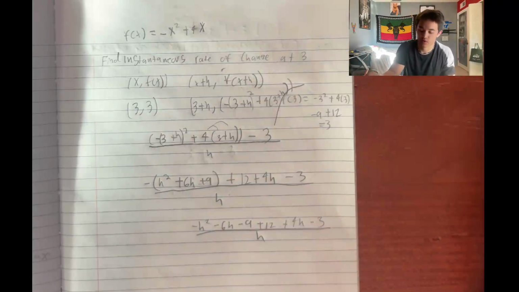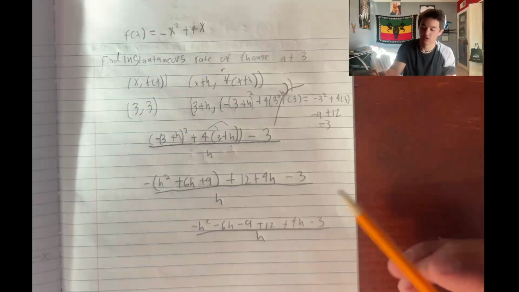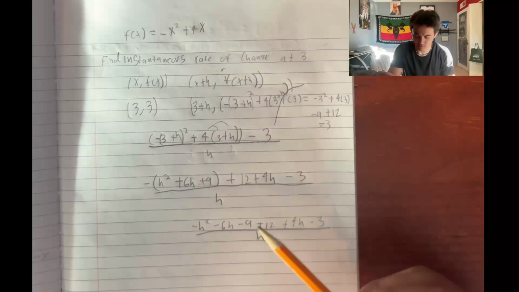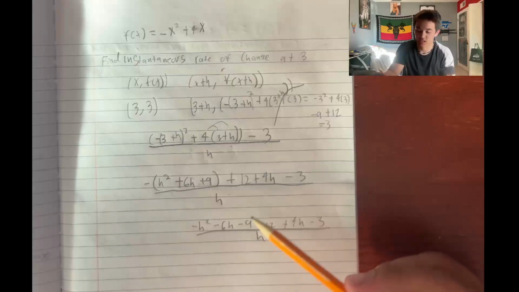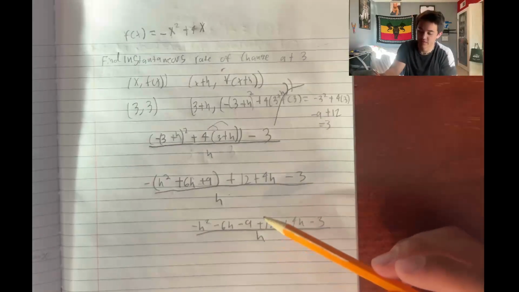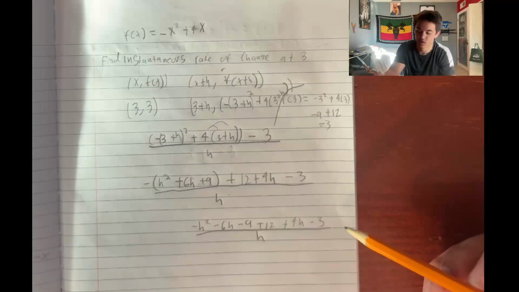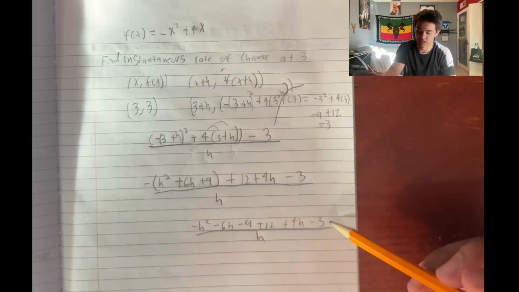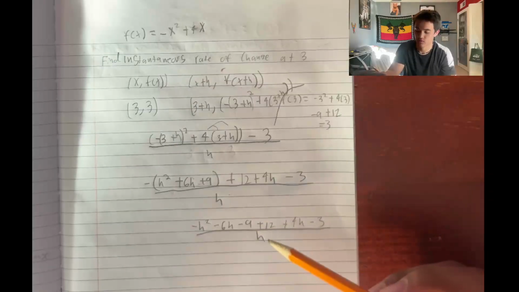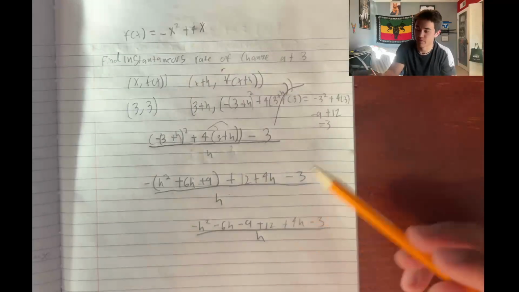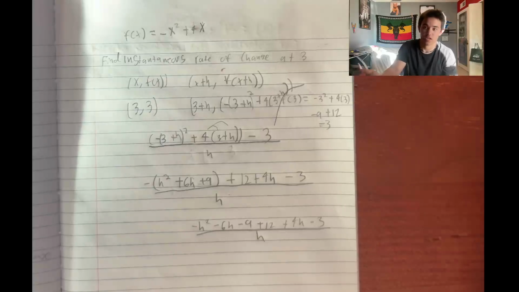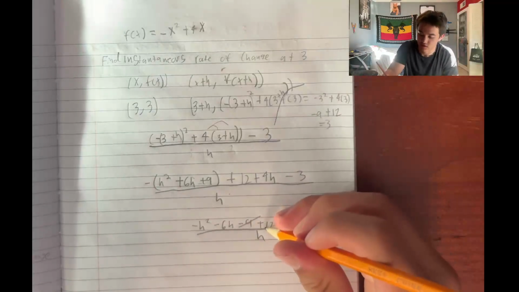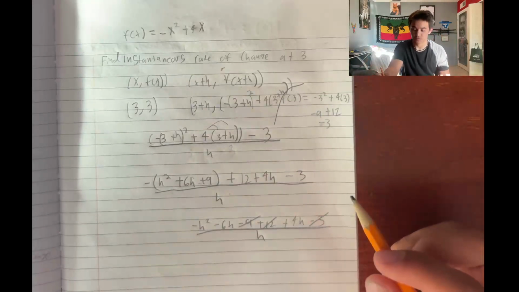And from here is when you got to start canceling stuff. So the first thing we can look at are the numbers with no h attached to them: negative 9, 12, and negative 3. Negative 9 plus negative 3 is negative 12, and we have a positive 12 here. So positive 12 and negative 12 cancel out, and we can just cross out all of these.